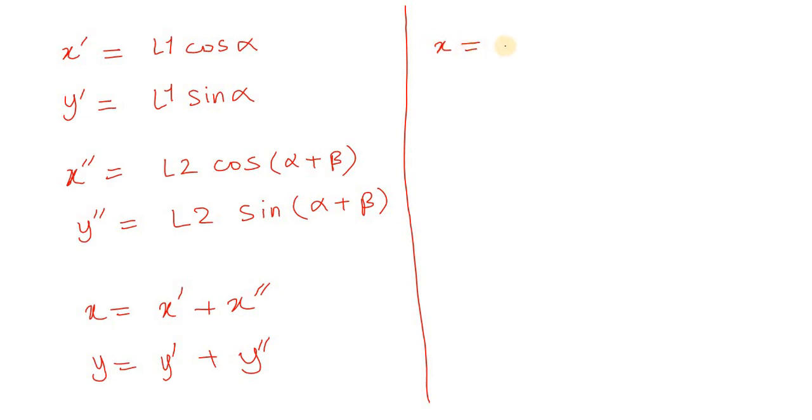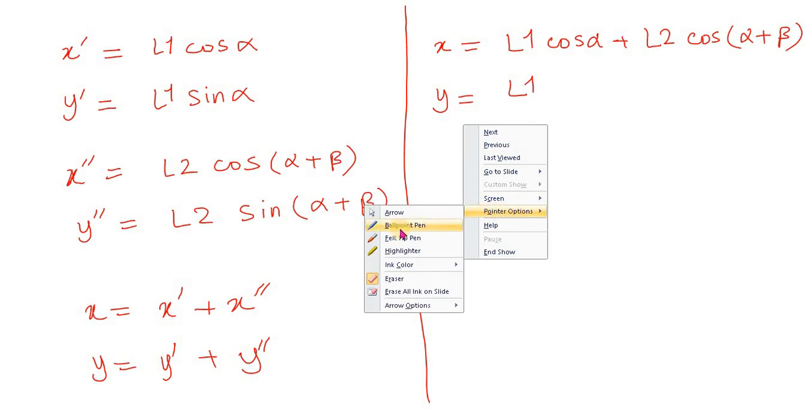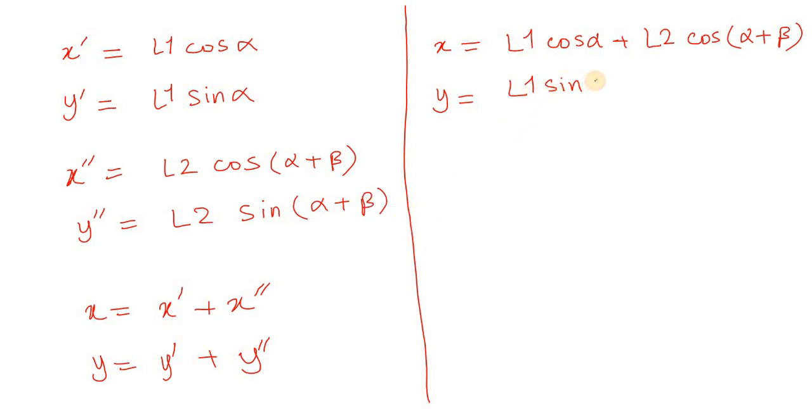X is equal to L1 cos alpha plus L2 cos alpha plus beta, and similarly y is equal to L1 sin alpha plus L2 sin alpha plus beta.